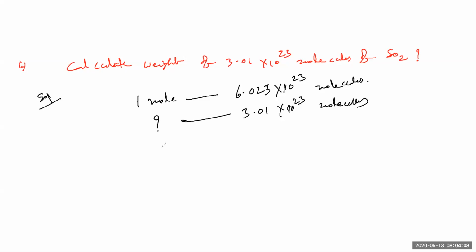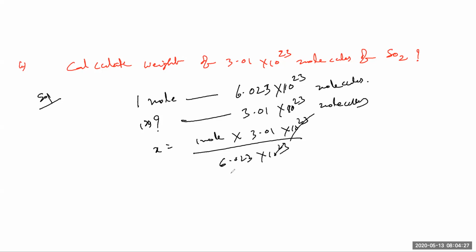Say X. Therefore, X is equal to, first find this: 1 mole into 3.01 into 10 power 23 molecules divided by 6.023 into 10 power 23. 10 power 23 cancel. This is 2 times now. That means 1 half mole amount. This is half mole.